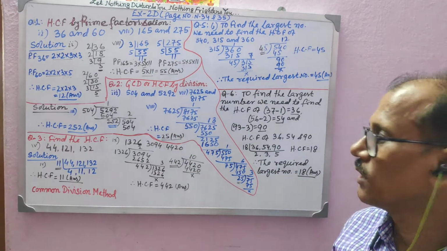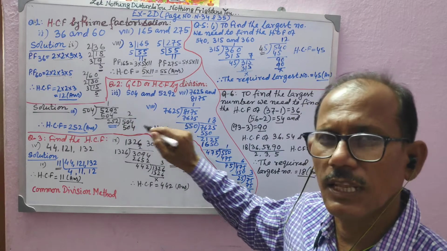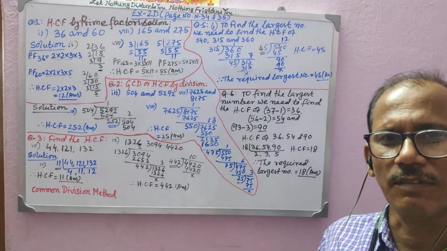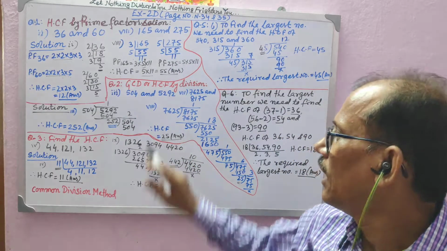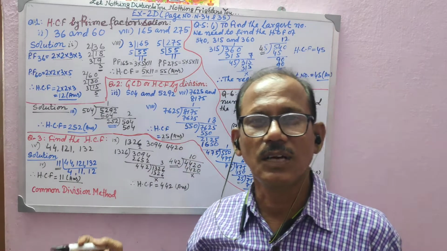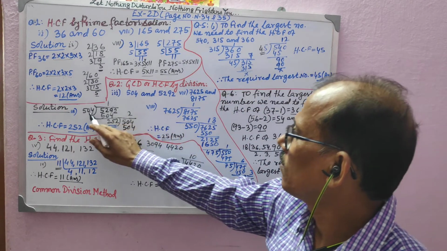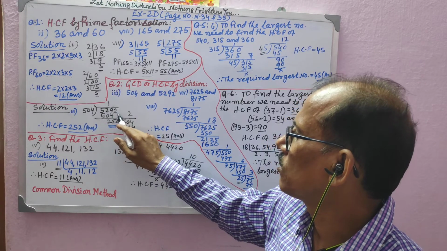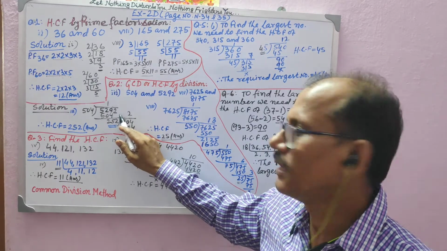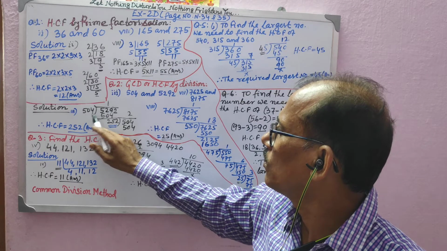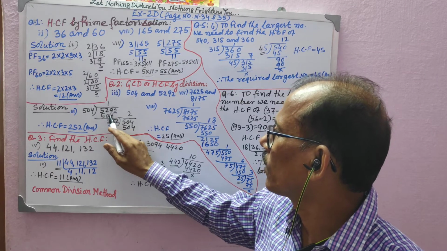We will go with the division. Let the smallest among the numbers given be the divisor, and the next greater one be the dividend. So 504 is the divisor, this one is the dividend. What will you do? One time it will go, so that 504 comes.